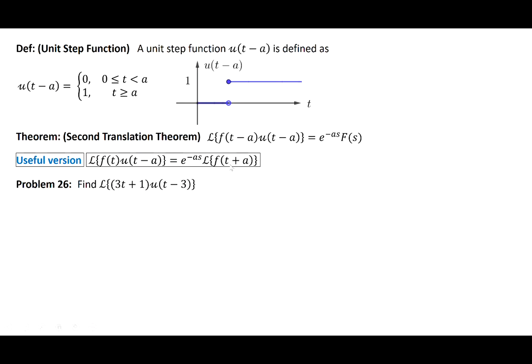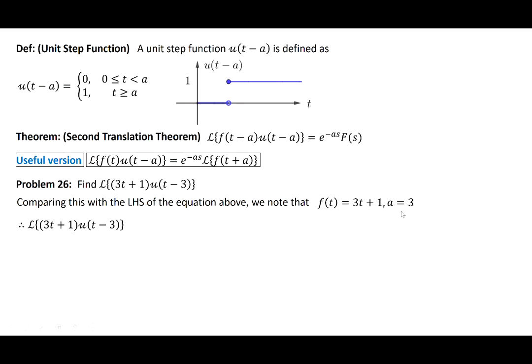We need to find the Laplace of f of t plus a. F of t is 3t plus 1, so f of t plus 3. What do you think f of t plus 3 would be? Replace the t with a t plus 3: 3 times t plus 3 plus 1.